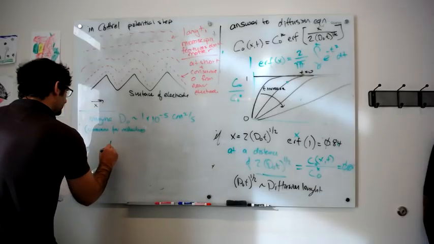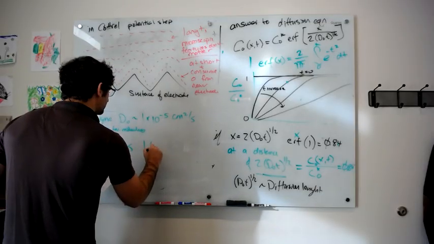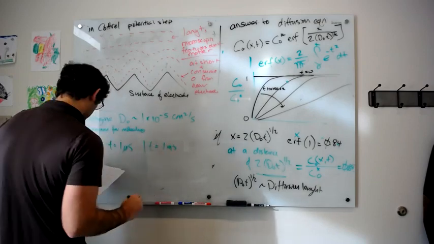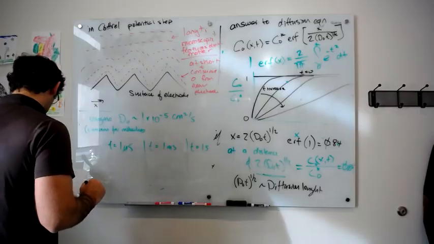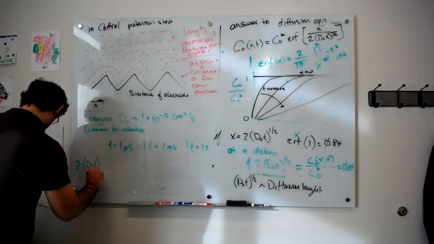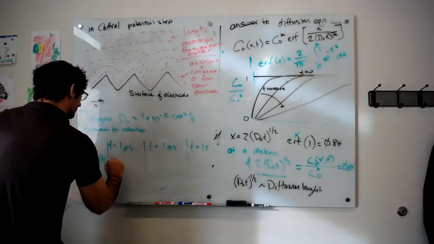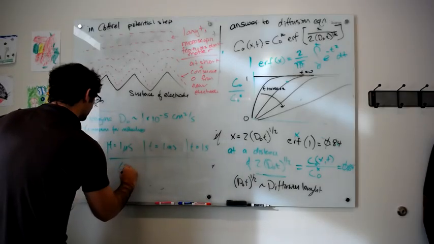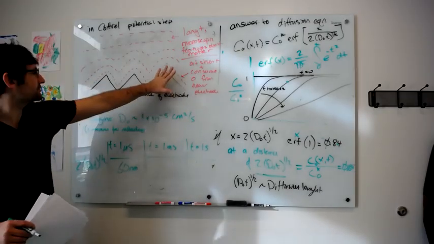So if t equals 1 microsecond, t equals 1 millisecond, or t equals 1 second, we can calculate 2 (D_O t) to the 1/2. And we find that it's about 60 nanometers. So in 1 microsecond, you've depleted 60 nanometers away from your surface.